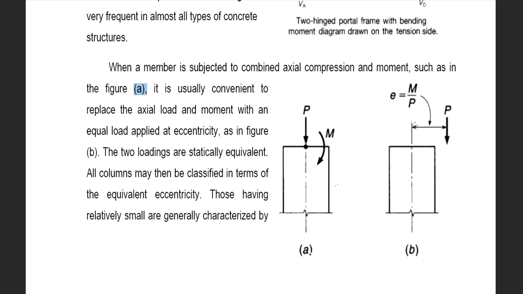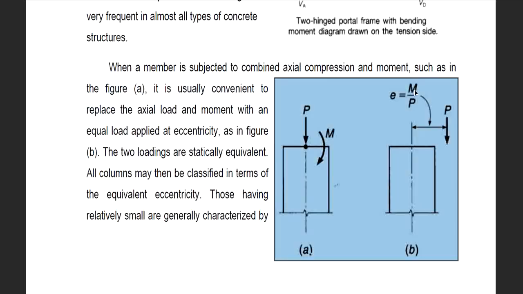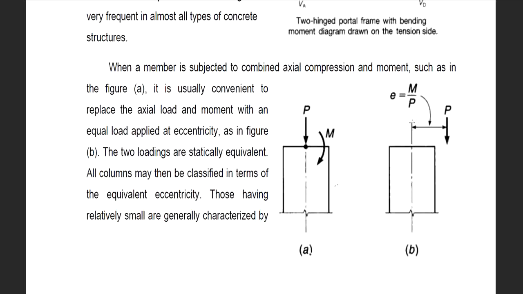If I convert that, and keep P at a certain distance e, then P into e should give us the value of M. As it is an axial load, P is going to settle down here. So P into the distance is going to give us this moment. This distance we are calculating based on the moment. We are just replacing the point load and moment with a point load at a certain distance.